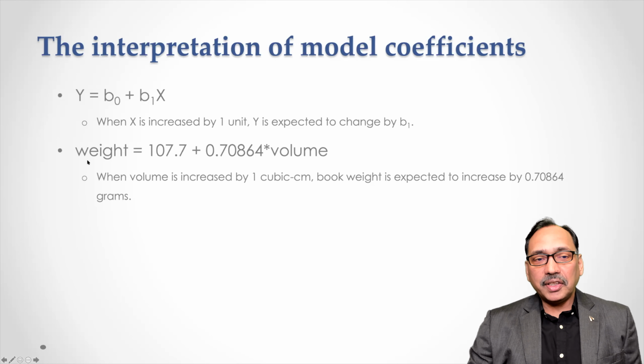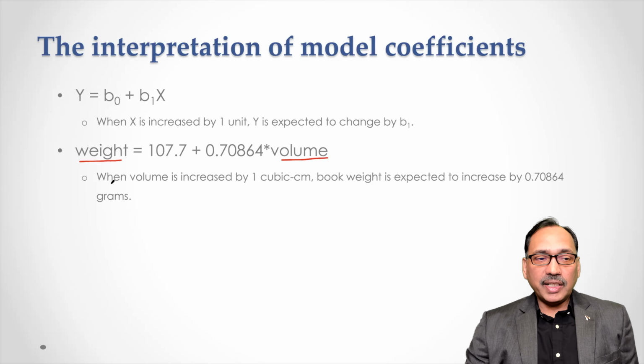Suppose we had an equation like this, where weight is the dependent variable and volume is the independent variable. So we would say when volume is increased by 1 cubic centimeter, so that's the unit of volume, book weight is expected to increase, so increase because we have a plus sign, by 0.7086 grams.